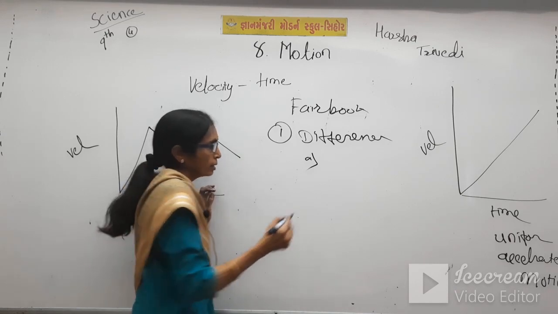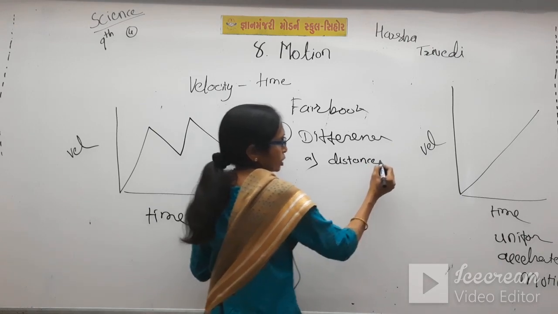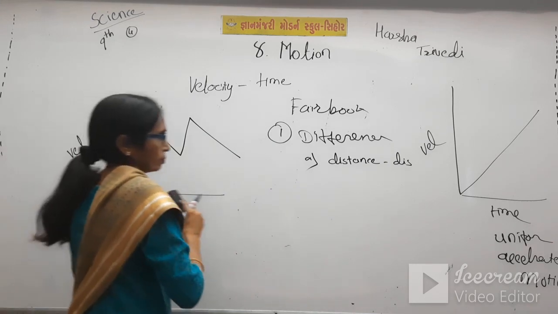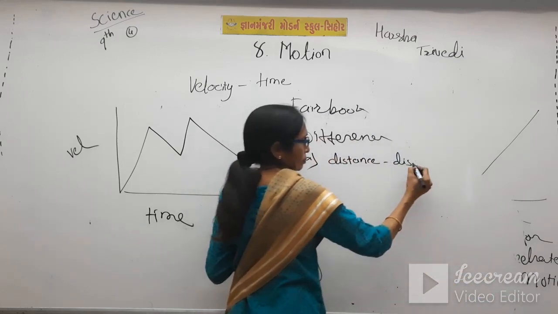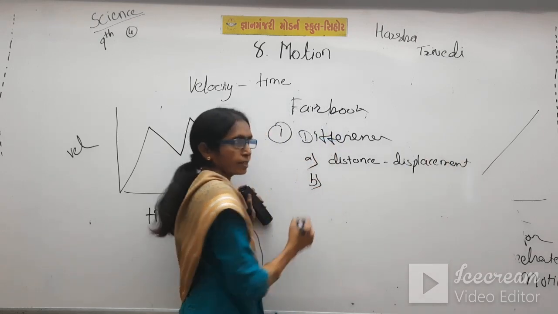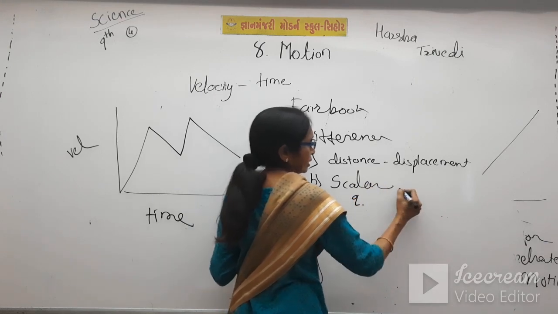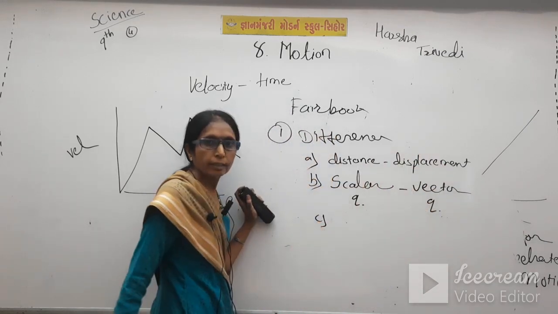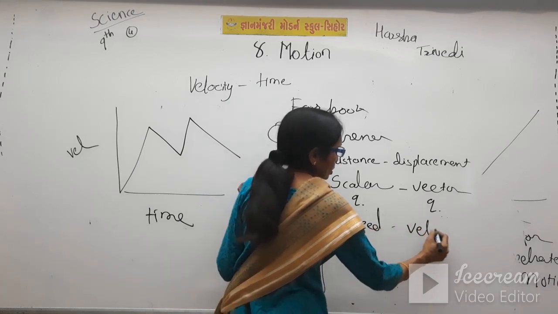Number 1, distance and displacement. Second difference, scalar quantity and vector quantity. Third, speed and velocity.